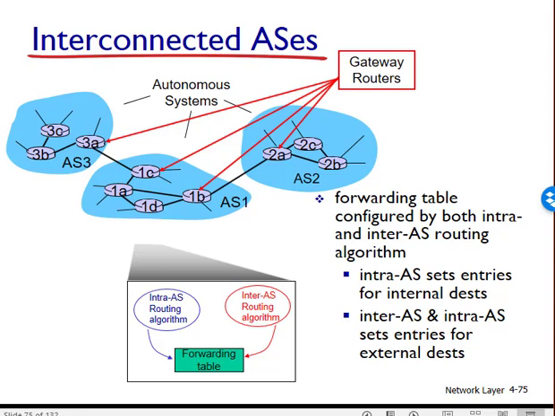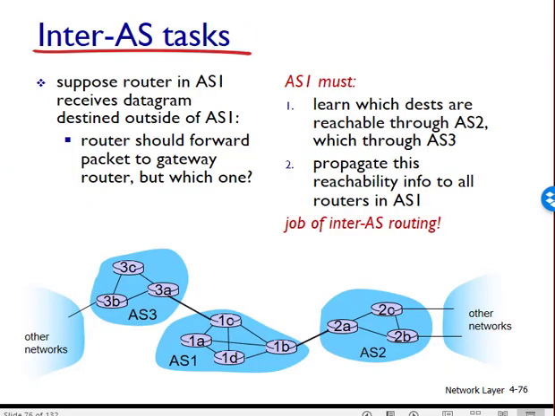Note that the intra-autonomous system routing protocols running in AS1, AS2, and AS3 do not have to be the same. Also note that the routers 1B, 1C, 2A, and 3A are all gateway routers. It should now be clear how the routers in an autonomous system determine routing paths for source-destination pairs that are internal to the autonomous system.